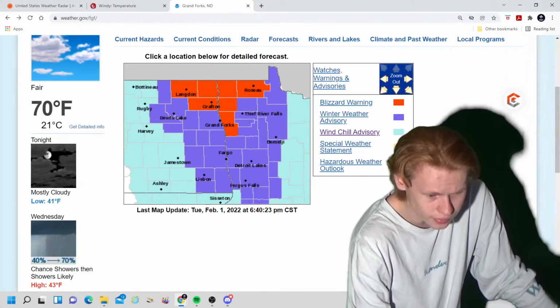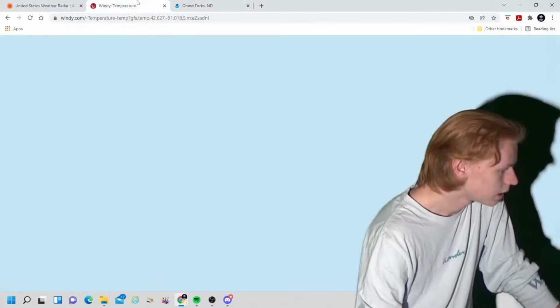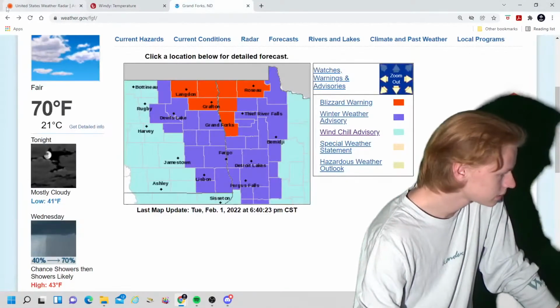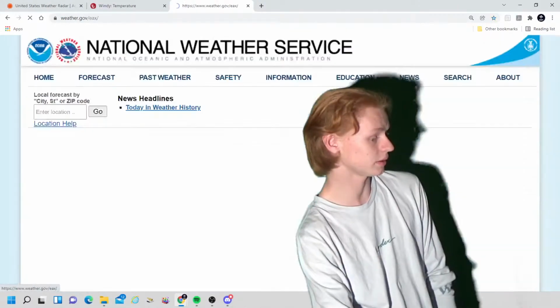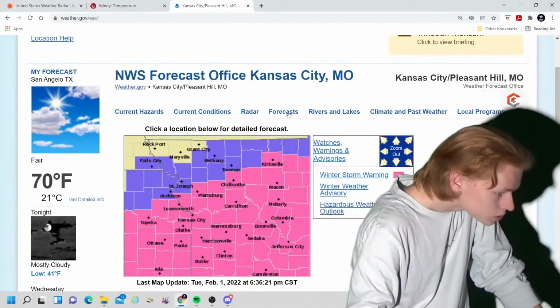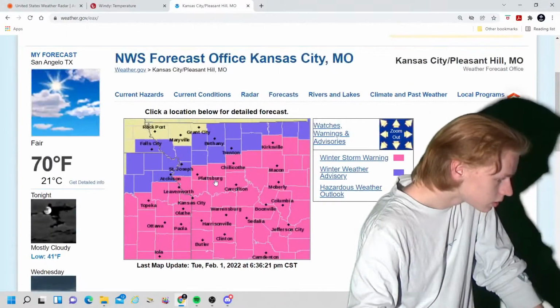Look at the totals for the Midwest. The Midwest is going to see a lot, I think.